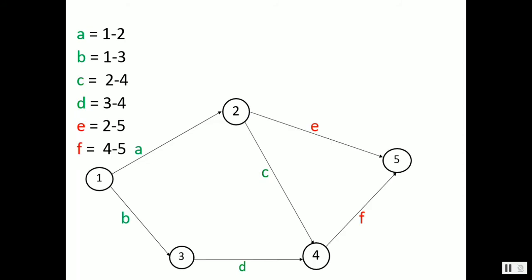Next slide. C and D are also changed to green, and E and F are red. E 25, F 45 means E originates out of event 2, but F comes out of event 4. We find that 5 is the last event.